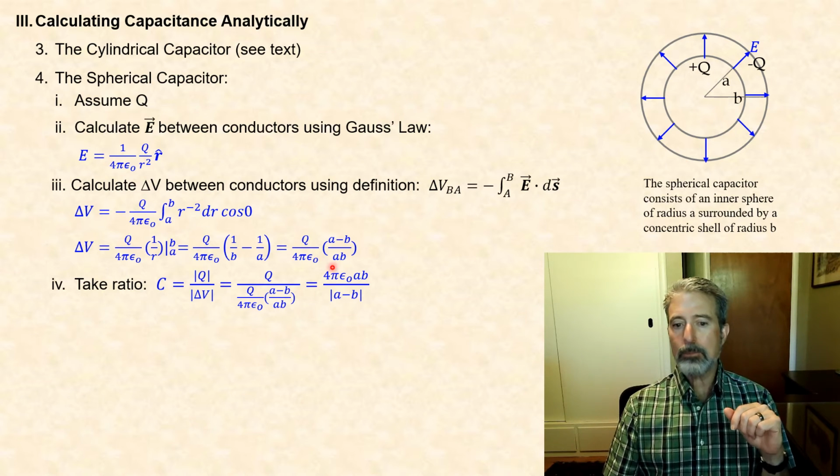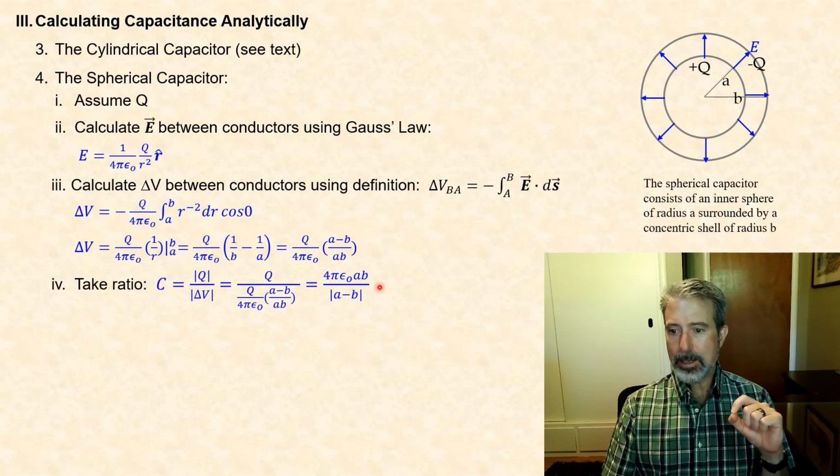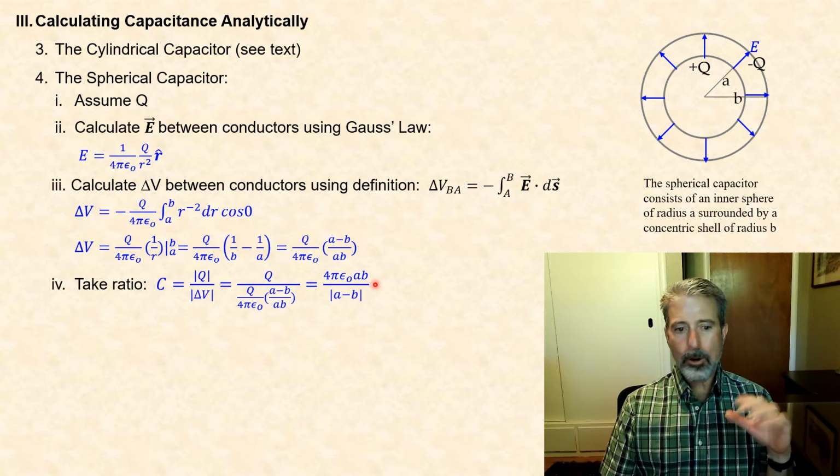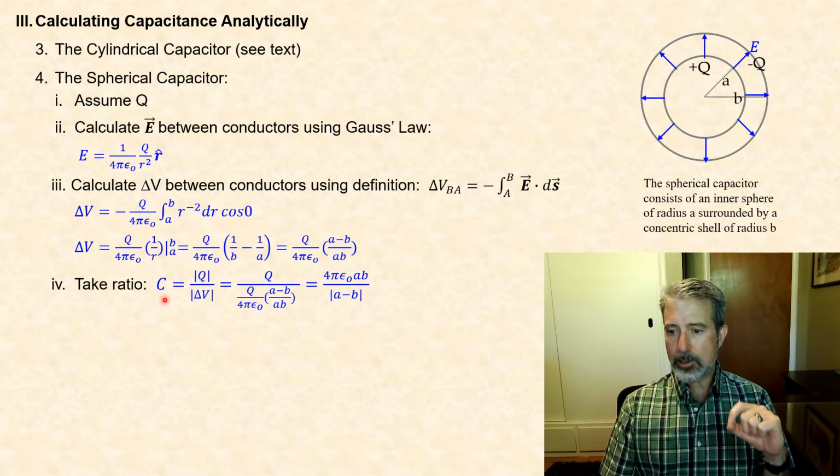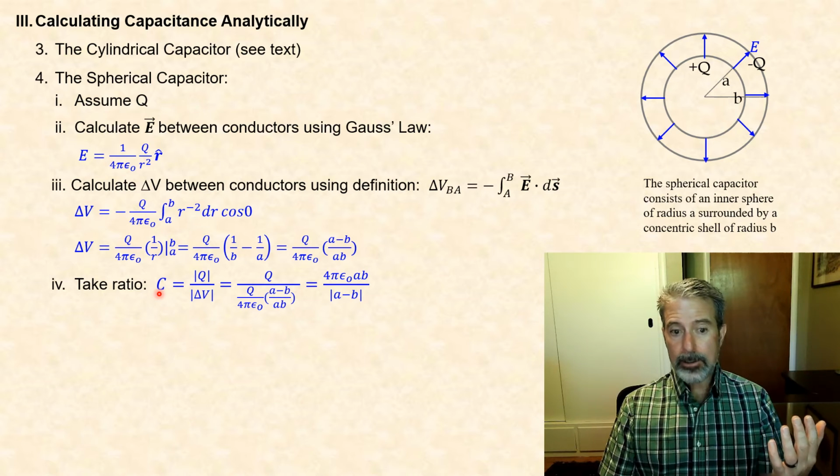I want to point out a couple of things here. First of all, does this value for capacitance make intuitive sense? Well, it should, because just as we saw for the parallel plate capacitor, that the capacitance was directly proportional to the plate area, we find here that the capacitance is directly proportional to both the radius a and b.